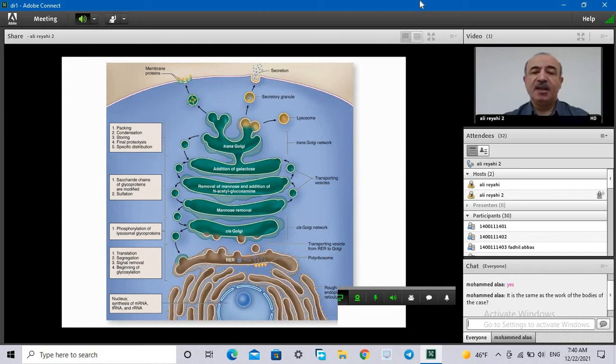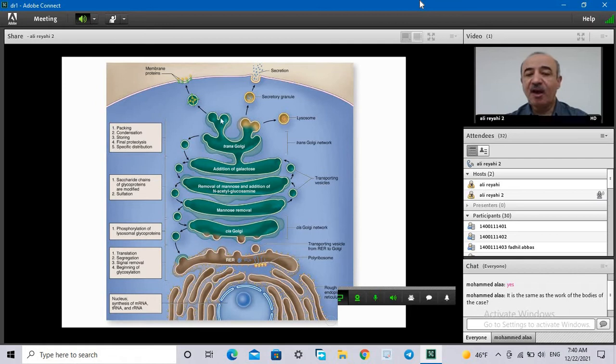Finally, you can see here the three different destinations for the proteins: the enzymes for lysosome, the proteins for the secretory granule for secretion or exocytosis, and the proteins for the plasma membrane, like integral proteins such as receptors, which are finally located in the plasma membrane.